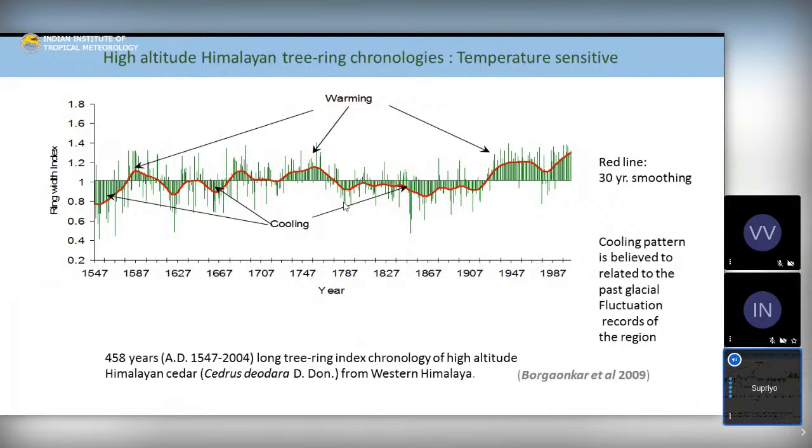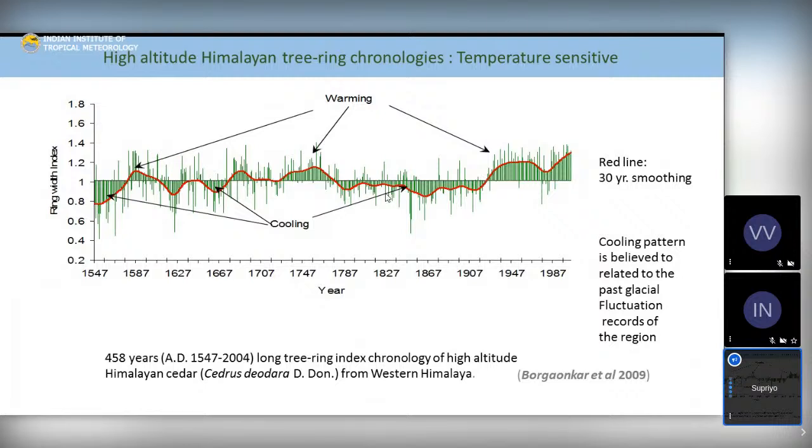In a conducive year, when growth is optimum, the ring width will also be optimum. But in a stressed year, the year which is experiencing warming conditions, the ring width will vary accordingly. So when the ring width index is calibrated with the instrumental temperature, a linear equation is formed.